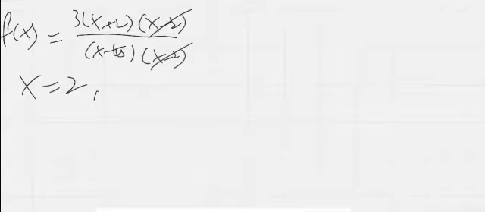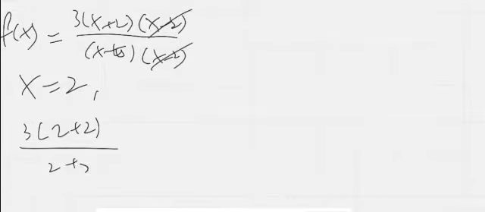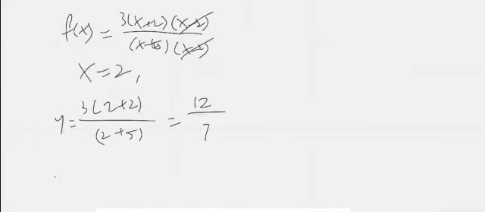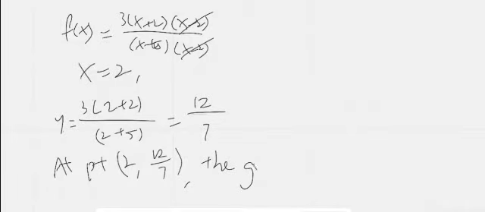To get the y value, we'll sub in 3 times 2 plus 2 over 2 plus 5, in which 2 plus 2 is 4, 4 times 3 is 12, 12 over 7. So at the point 2, 12 over 7, the graph doesn't exist.